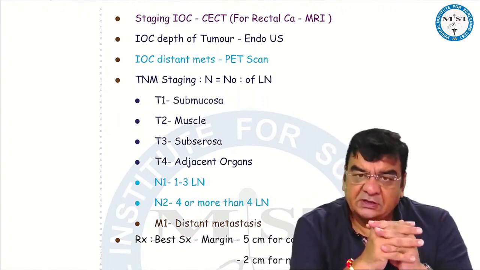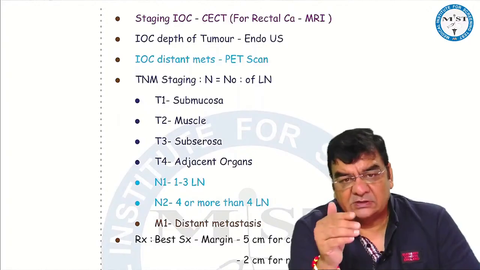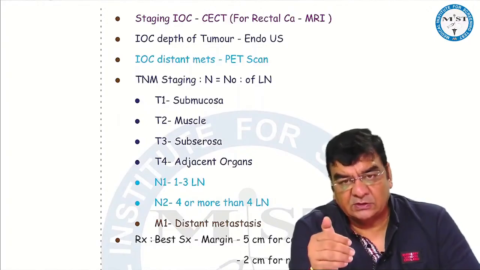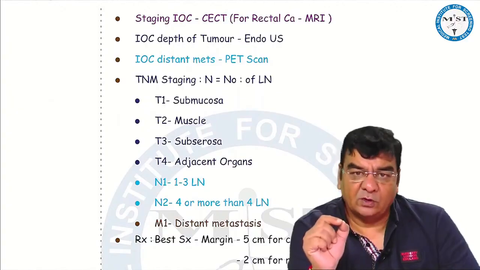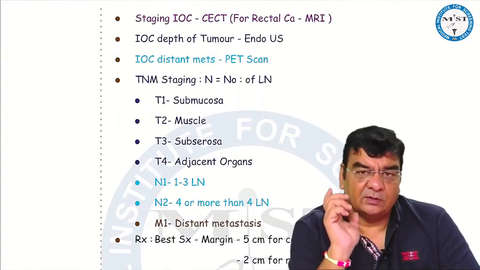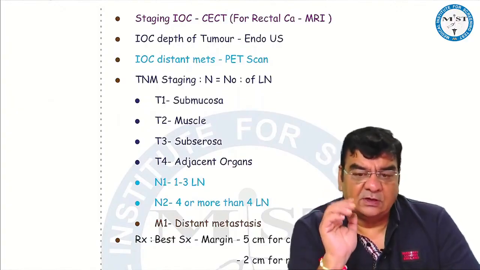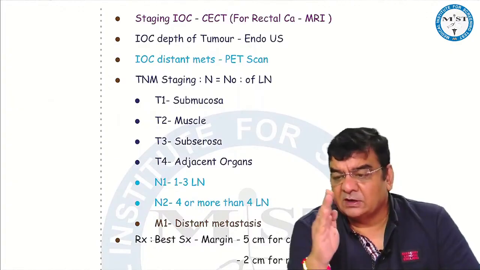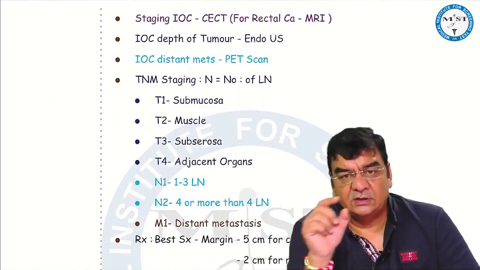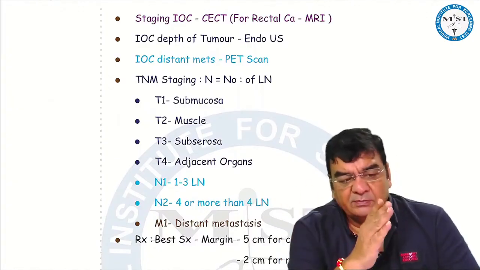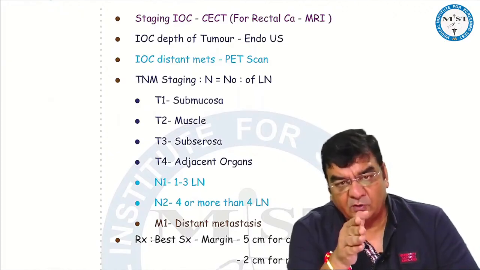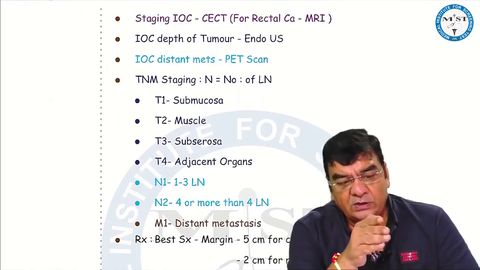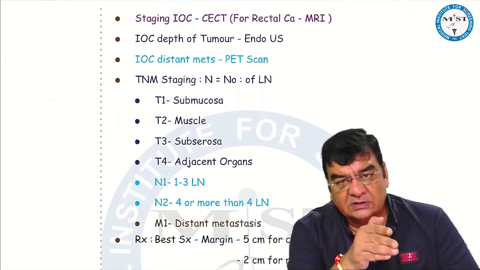The TNM staging: submucosa, muscle, subserosa, adjacent organs, 1, 2, 3, 4, or more than 4, and distant metastasis. Now, if we look at esophagus, stomach, and colon cancer. Esophagus: submucosa, muscle, adventitia, adjacent organs, pleura, pericardium, diaphragm, trachea, bone, aorta; 1 to 2, 3 to 6, 7 or more than 7, metastasis.